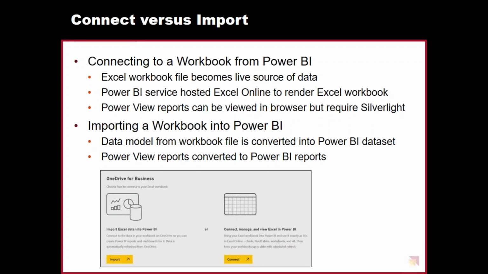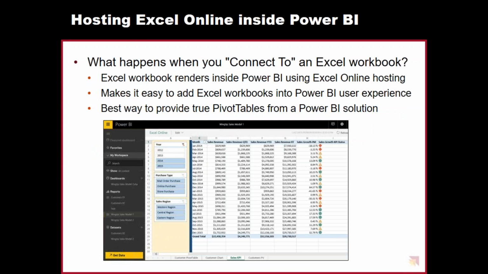Okay, the next thing we're going to do is import a workbook into Power BI. That's going to be completely different, because it's going to take the data model from the workbook and convert it to create a Power BI data set from it. Another thing is that it gives you a hand if you're trying to get rid of your PowerView dependencies, and we'll see those in just a second.